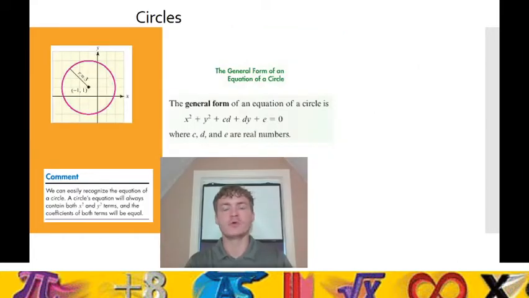So the general form of an equation of a circle is actually written out. The parentheses that are in the standard form, x minus h quantity squared plus y minus k quantity squared, the squared binomials will be multiplied out into individual terms.